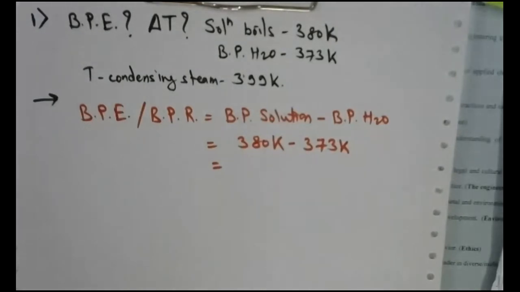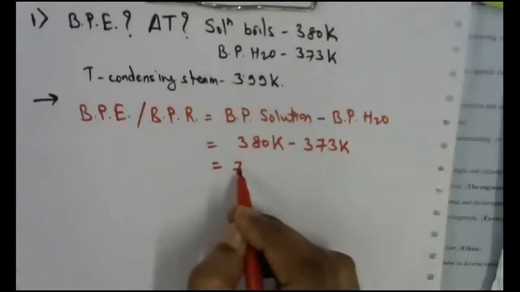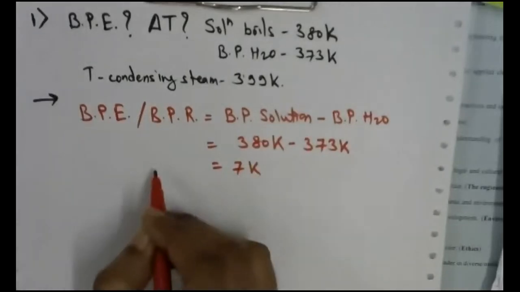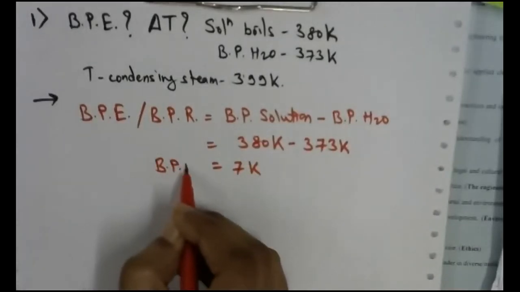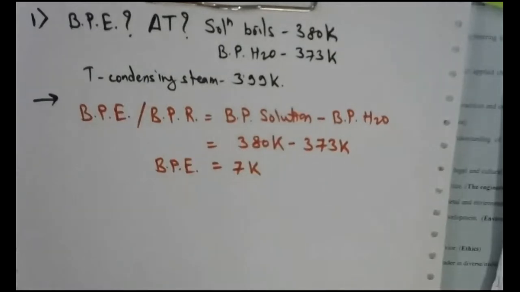The difference between these two temperatures is 7 Kelvin. So the boiling point elevation is equal to 7 Kelvin.